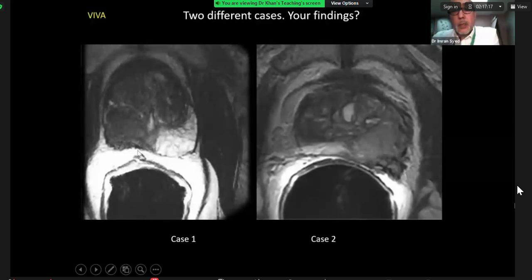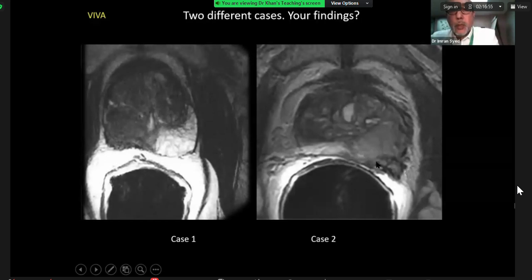Now, the other thing that you need to know, and this is a distinction between the two cases, and this is important, is that you can see the normal capsular bulge of a normal peripheral zone here, correct? On the right side, however, the capsular margins have been retracted, so there's a retractile effect from this tumoral focus.